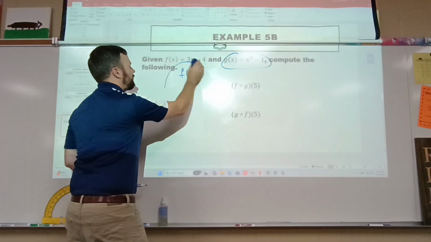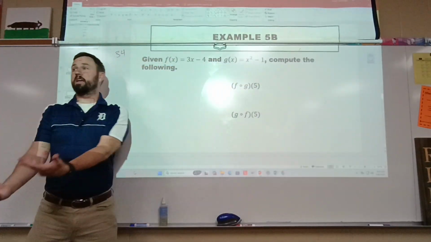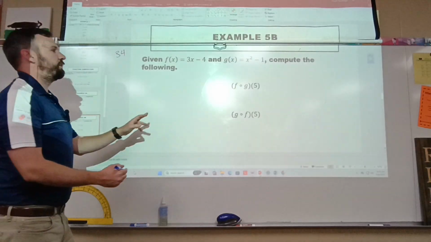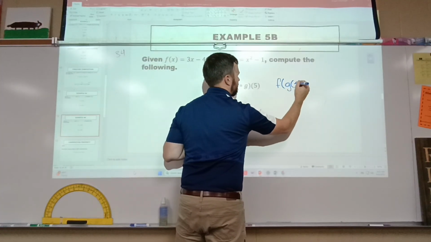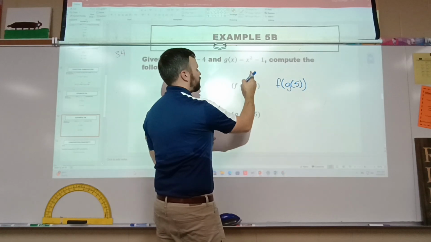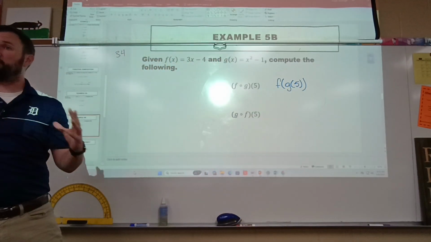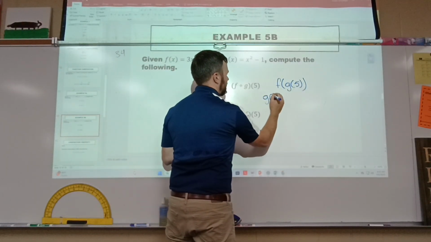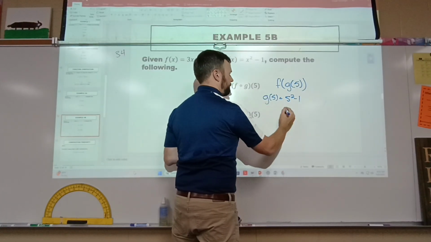All right, so we all agree that, well, I agree. If we have that number, I can just plug it into that function we just found, right? And it'll work. But let's say I have to do this and I don't want to do that. So this is f of g of 5. If I don't want to do algebra, I just want to do basic arithmetic, I could do g of 5 equals 5 squared minus 1, right?